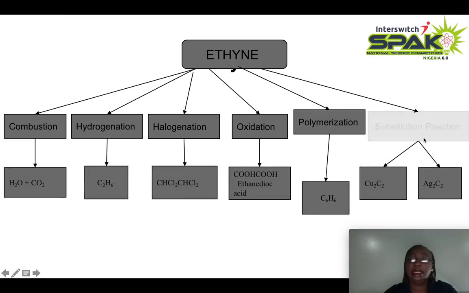This is a flow chart to show the reactions of ethyne. Ethyne undergoes combustion to give water and carbon dioxide. It undergoes hydrogenation to give ethane.